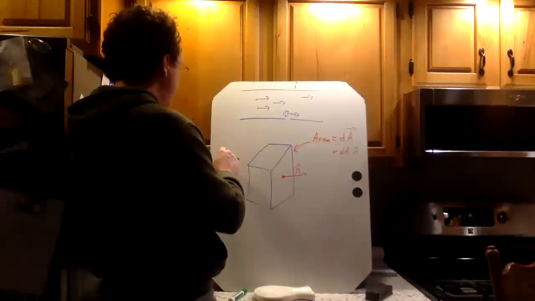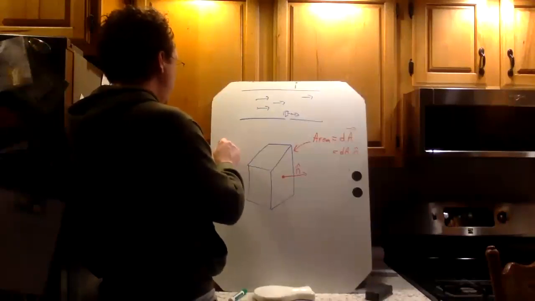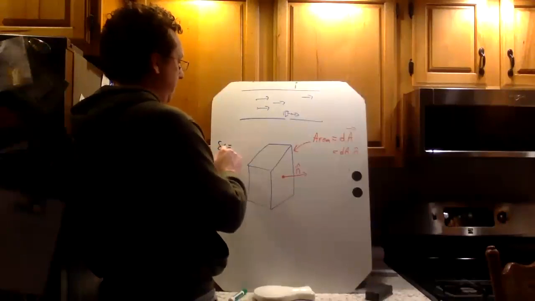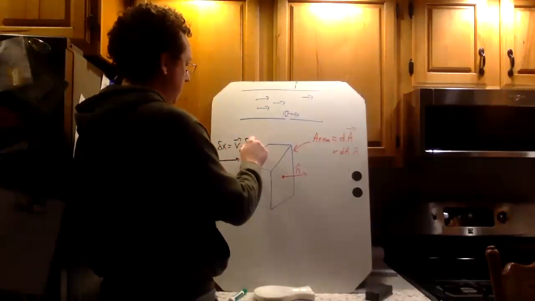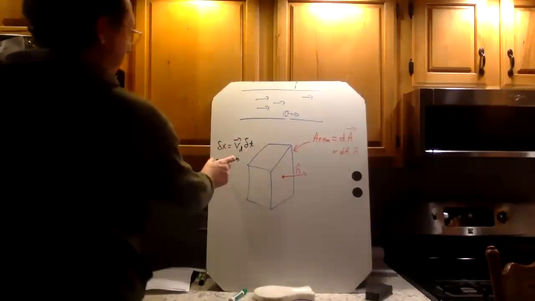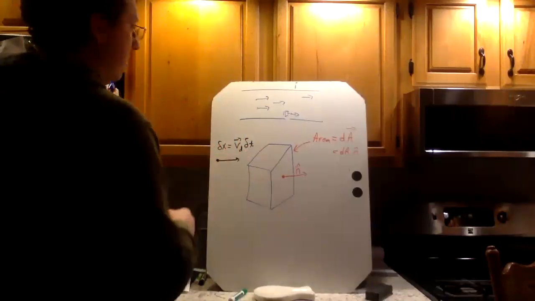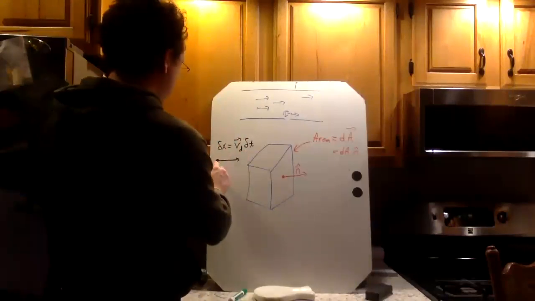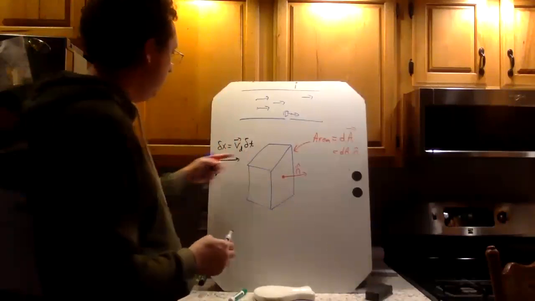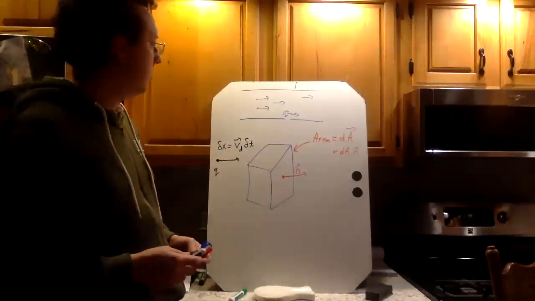The change in x would be the drift velocity times the change in time. That gives roughly how far each individual charge carrier, Q, moves.